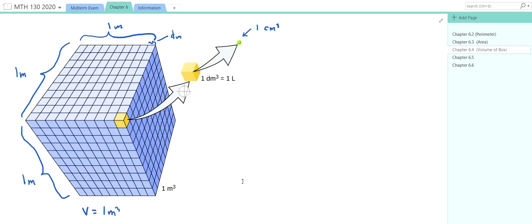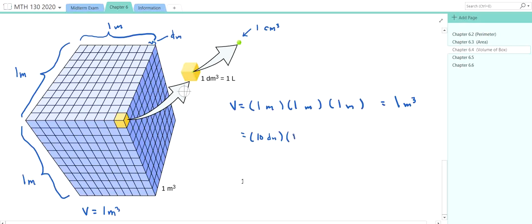So, if our volume then is 1 meter times 1 meter times 1 meter equals 1 cubic meter, then we know that there are 10 decimeters in each of these meters.